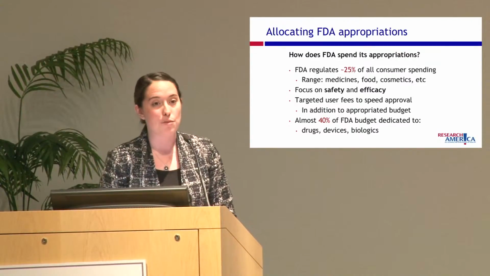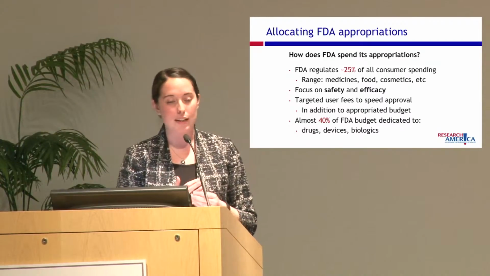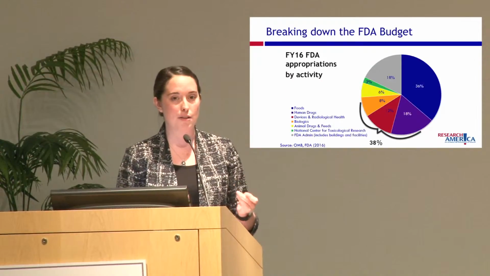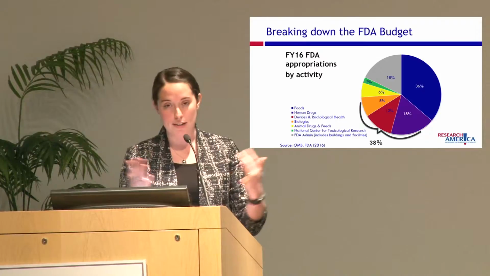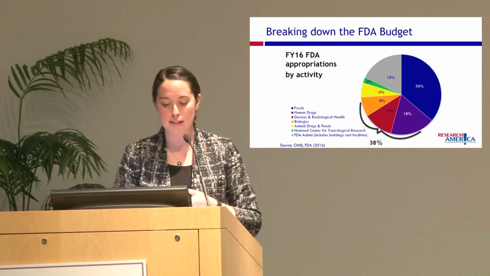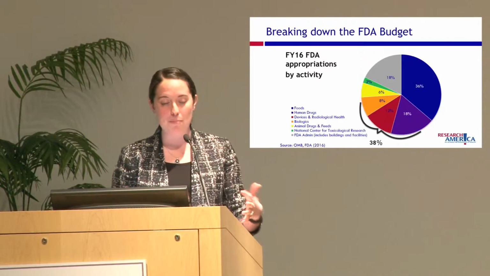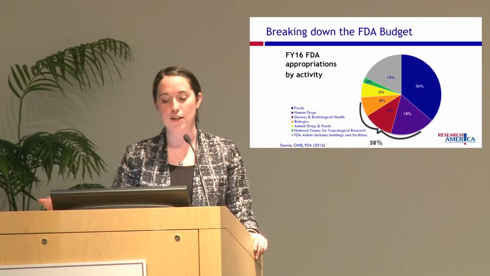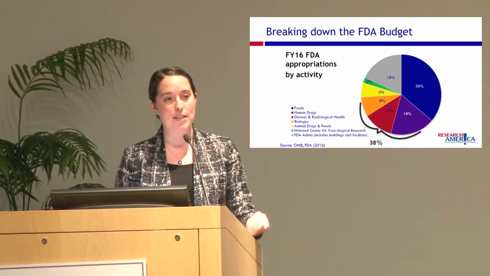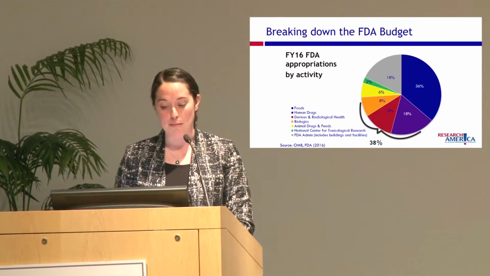And the FDA has a really large portfolio, so they're regulating about 1 in 4 consumer dollars, so that's everything from medicines to foods to cosmetics. And when we're talking about medicines, drugs, devices, and biologics, there is a focus on safety and efficacy before they can be approved.